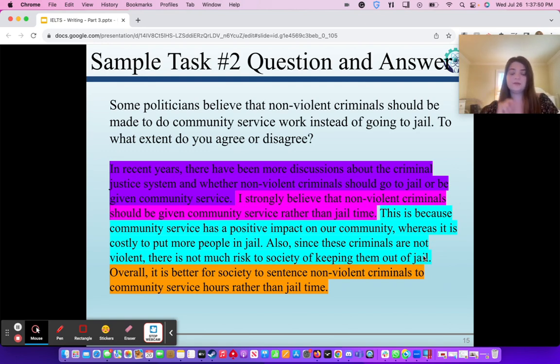Number one, community service positively impacts society. Two, keeping them out of jail isn't risky to society, right? I think that the jail spaces need to be kept for people who are violent, right? Who will cause physical harm to others and property and things like that, if they are kept out of jail and just given community service.